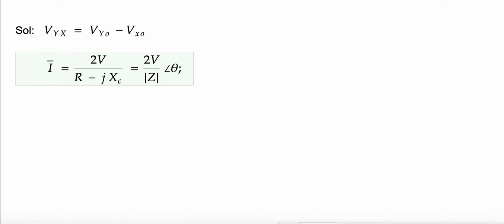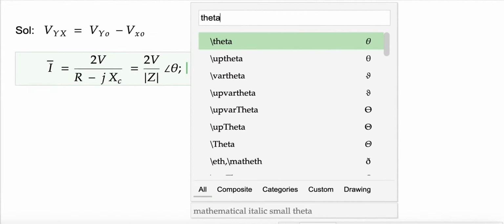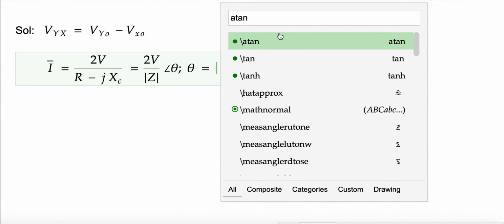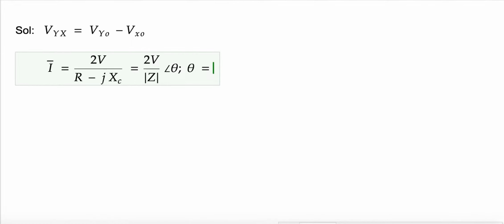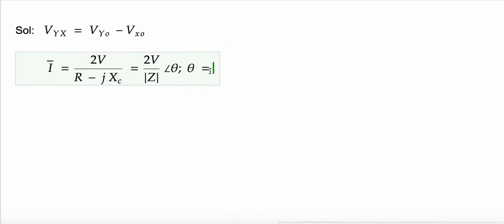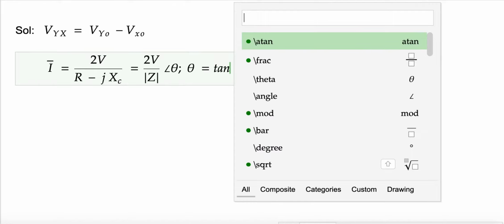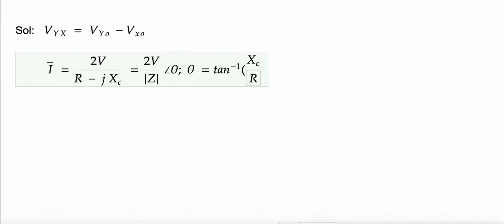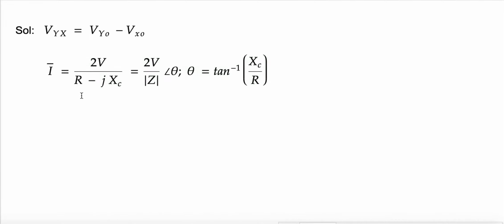Root over R square plus X square is the mod Z. And theta is tan inverse of Xc by R. I'm not writing the mod Z because we already know that is nothing but root over R square plus X square. This much is fine.